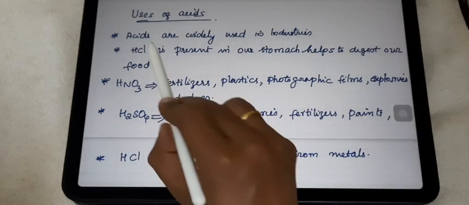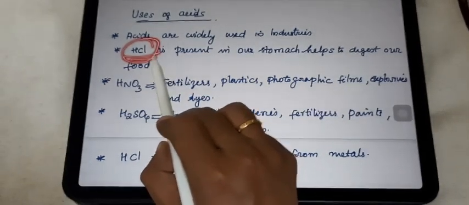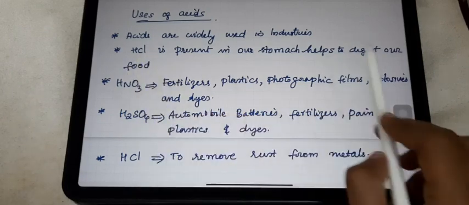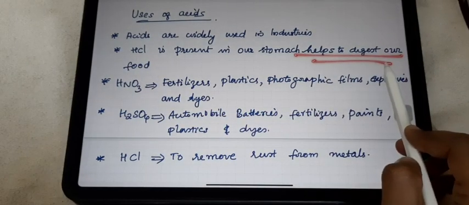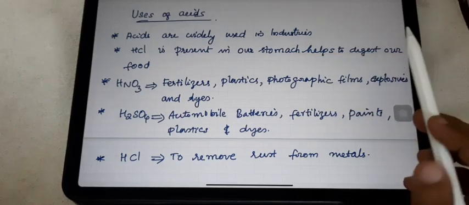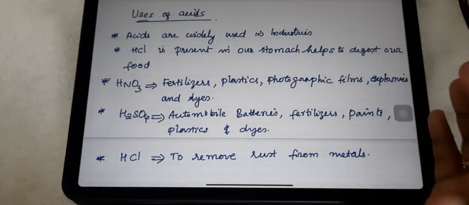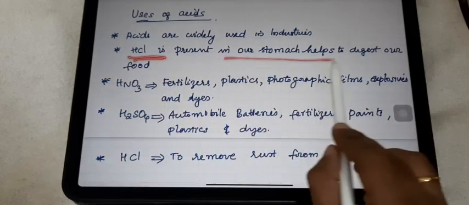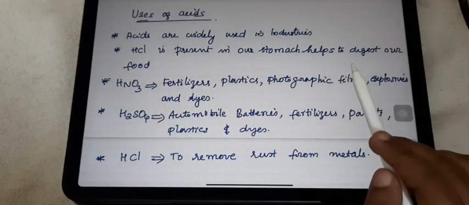What's the reason? Because in our stomach there is acidic content, HCl. That HCl helps in digesting our food. But if, in any situation, the HCl content is more, it results in acidic problems. So HCl is needed in our stomach for digesting our food.